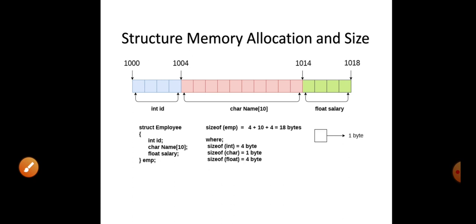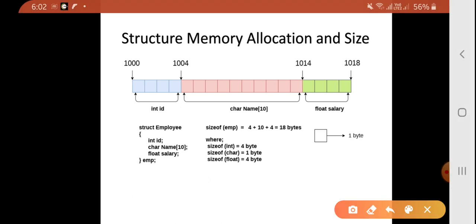Now the last topic for this video, that is structure memory allocation and size. So consider this structure employee which contains 3 variables. One is an integer, second is a character array, and third is a float, and we have created one variable, that is emp. So first, what is the size of this structure? See, the size of an integer is 4 bytes, the character array is 10 bytes, and the salary is 4 bytes.